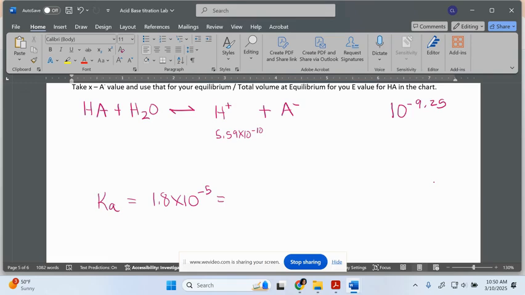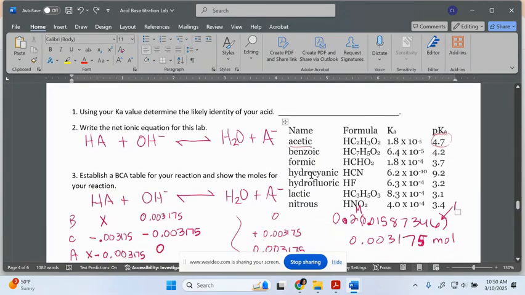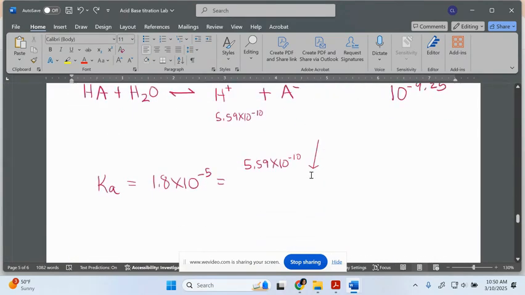So I'm going to take this value, that's my 5.59 times 10 to the minus 10, and I am going to multiply it by, what happened there? Ah, freaky thing. Seriously, come on, there we go.